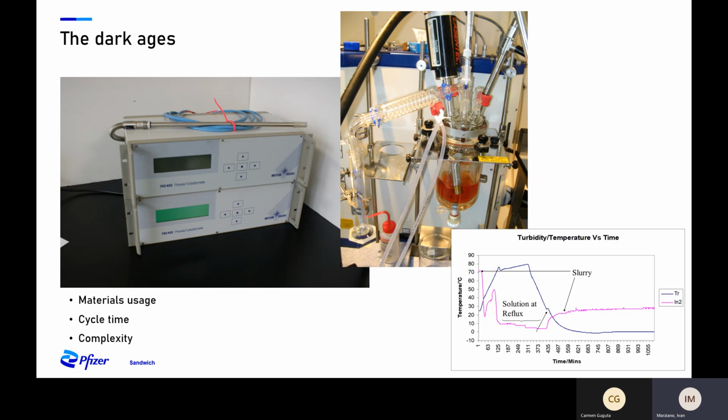Generally speaking, there was a lot of complexity because you obtained data from different platforms, which you then had to recombine in Excel, and in the end your price per session would be these plots that you see here, which look very crude by today's standard. They would essentially allow you to determine when your material went into solution and when it started to crystallize again.